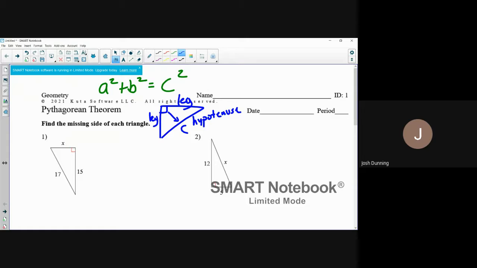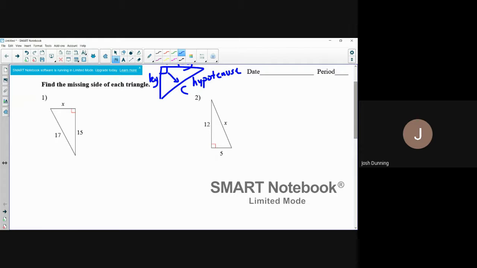And for those, it doesn't matter. You can put either one of them in for A or B. So on one, the side across from the box, the longest side, that has to be C. That 17 has to be C. And the other two, you can use for A or B.